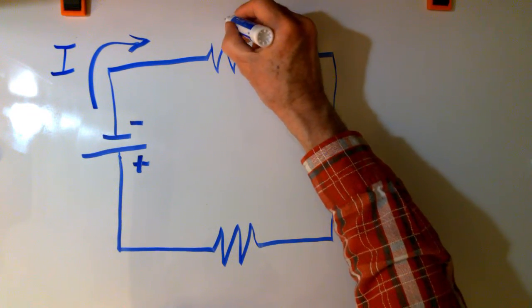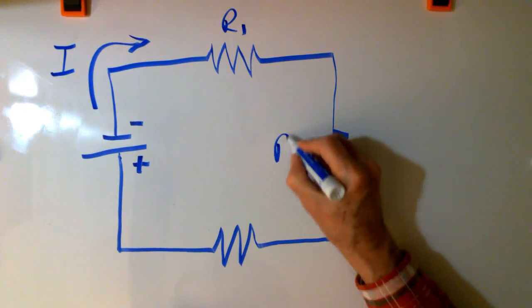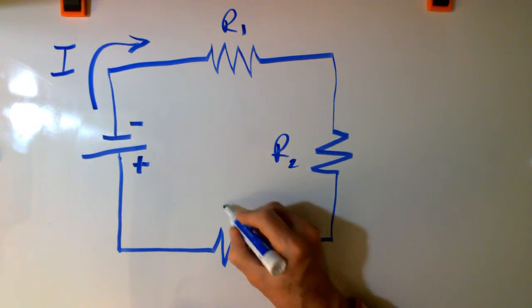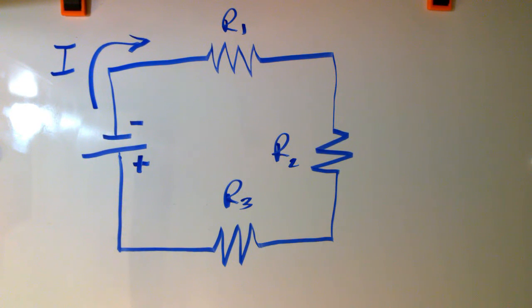And we'll call this resistor 1, resistor 2, and resistor 3. Now then, we know we've been introduced to Ohm's law, so we can talk about that also. But let's talk about how we use Ohm's law here just a little bit, and how it applies to the resistances shown in this circuit.